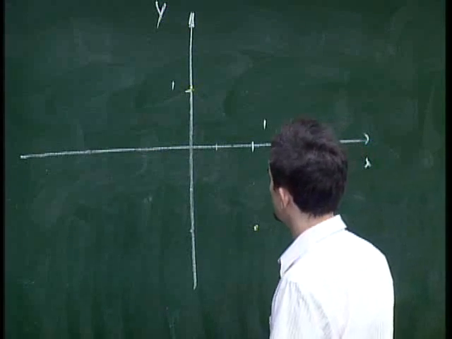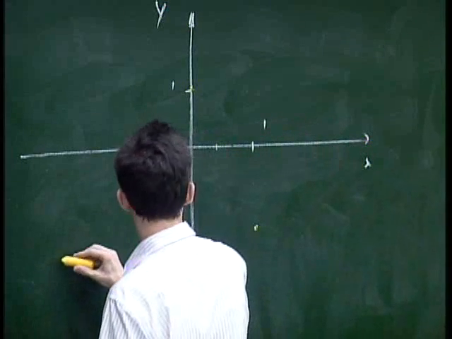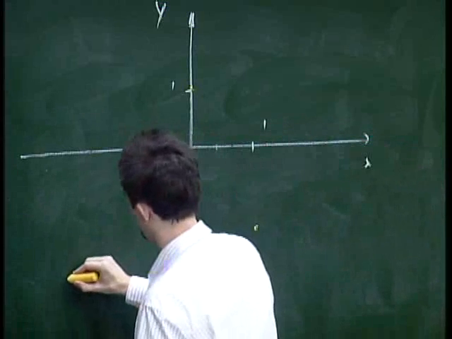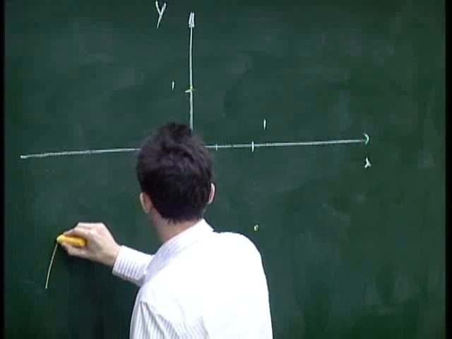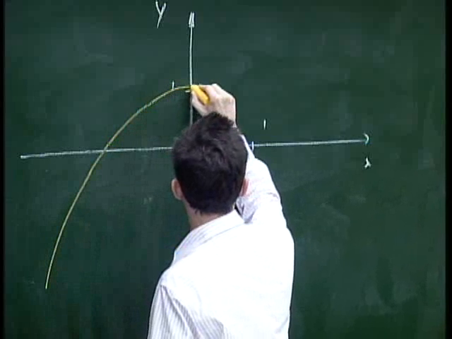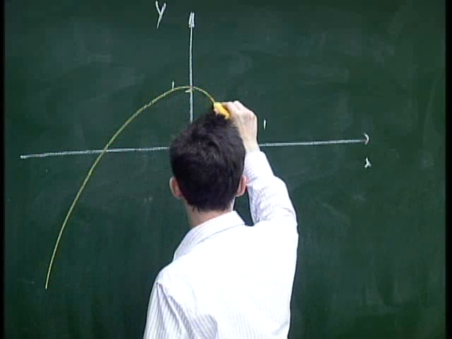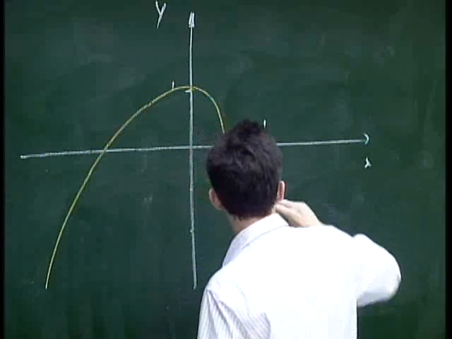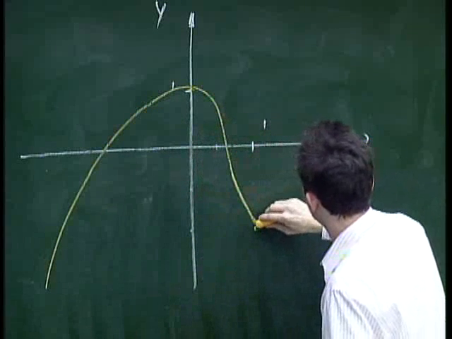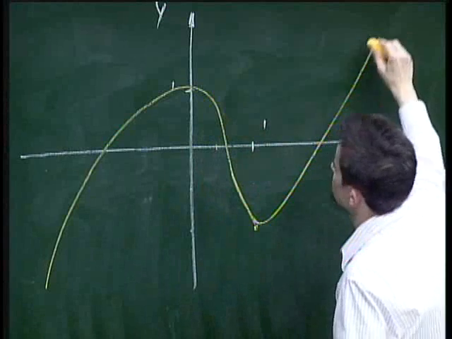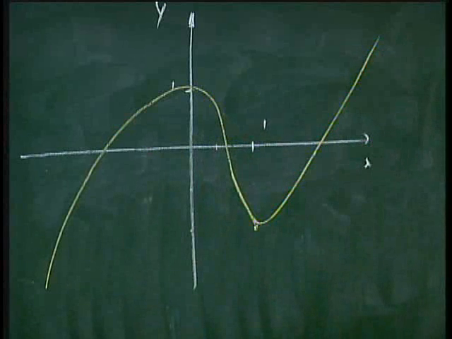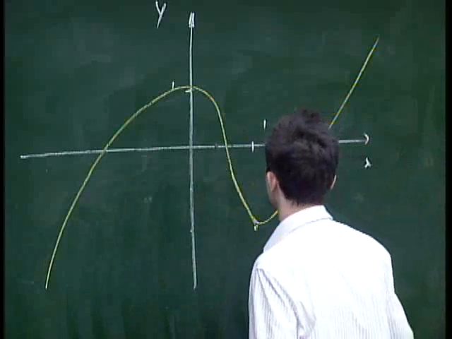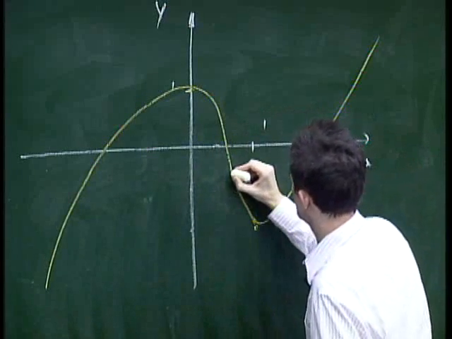So from this information, we can essentially figure out how the function looks. We will have something like this here, concave downward. Then it remains concave downward, and from some point on we get concave upward, and then the function tends to plus infinity. The point of inflection is roughly here.